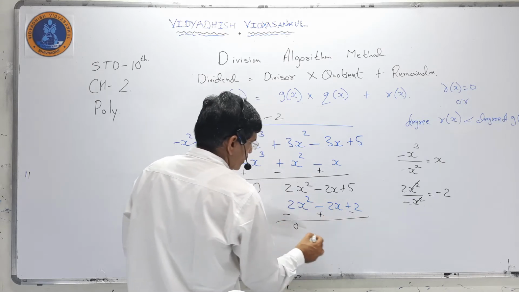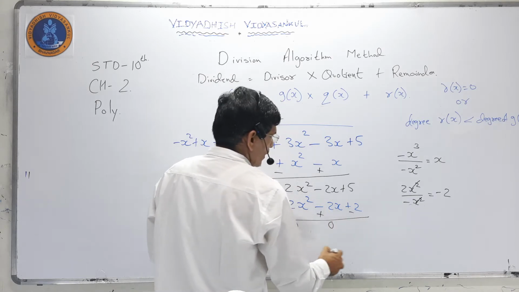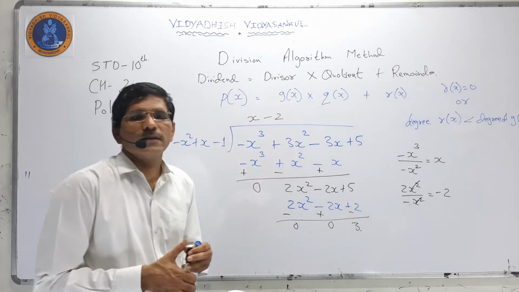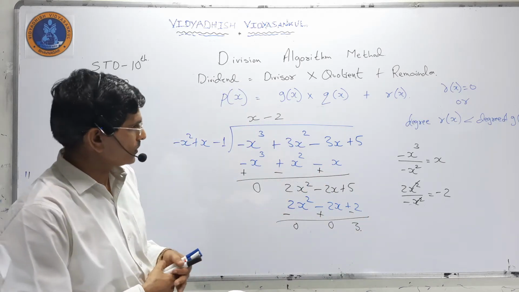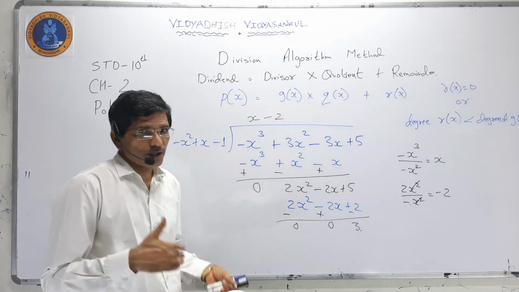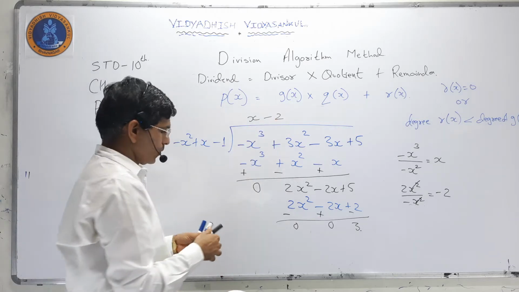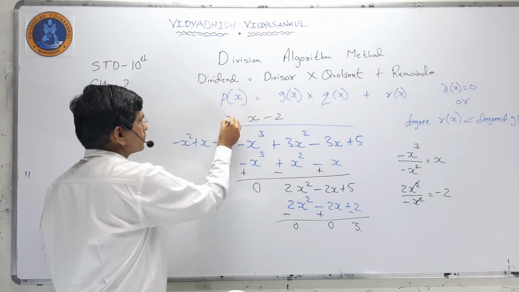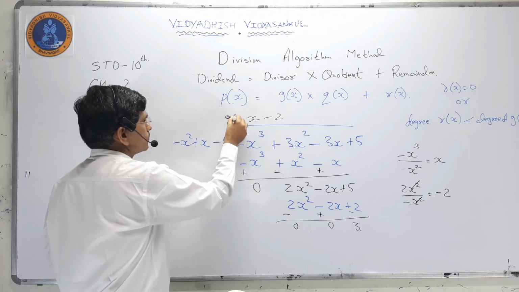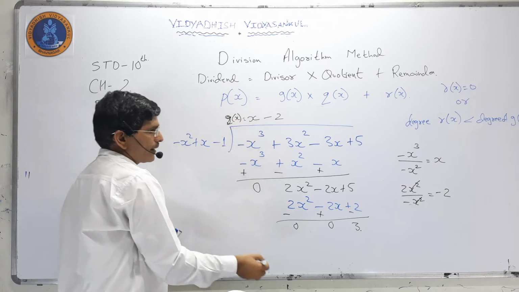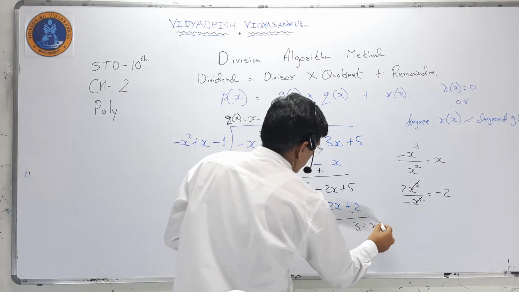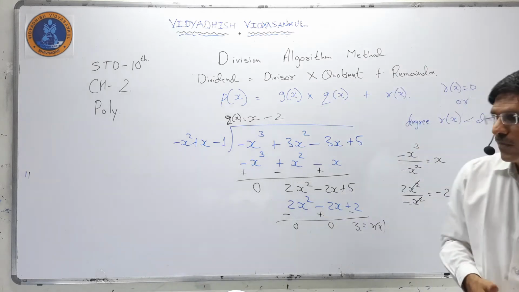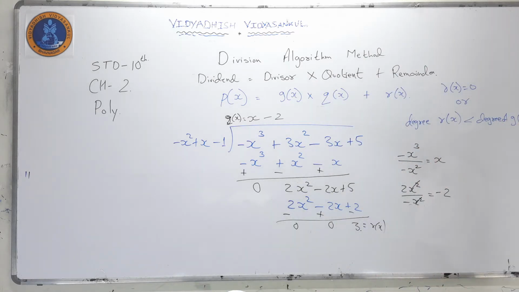I have got answer 0 here, again 0 here, and the remainder is 3. So for that type of sum, again what do you have to write? That is q of x over here, and here it is r of x. I hope you have understood that properly.